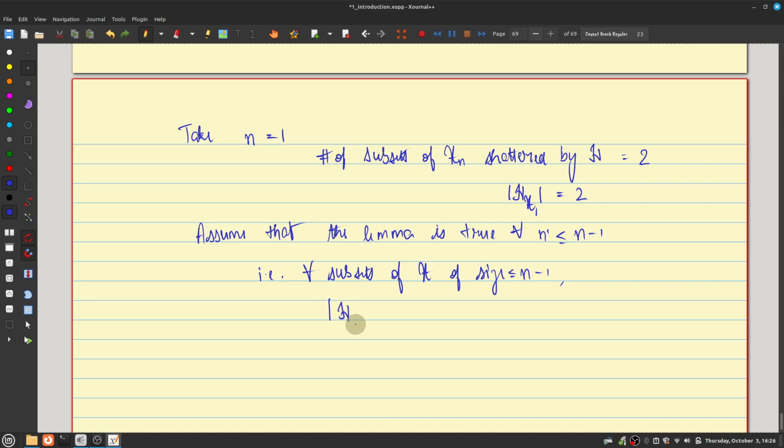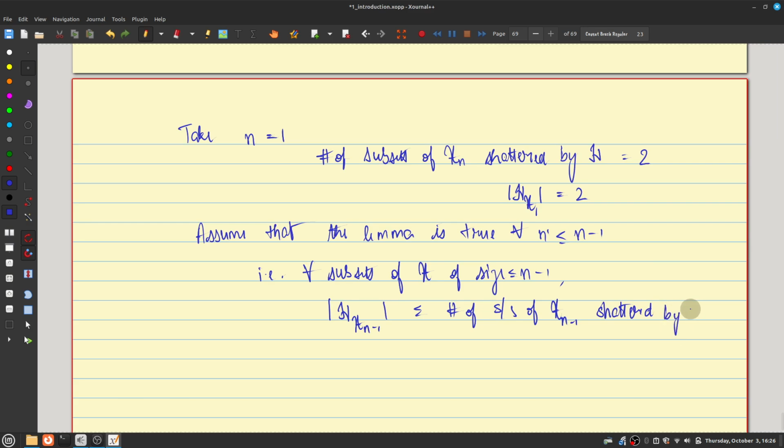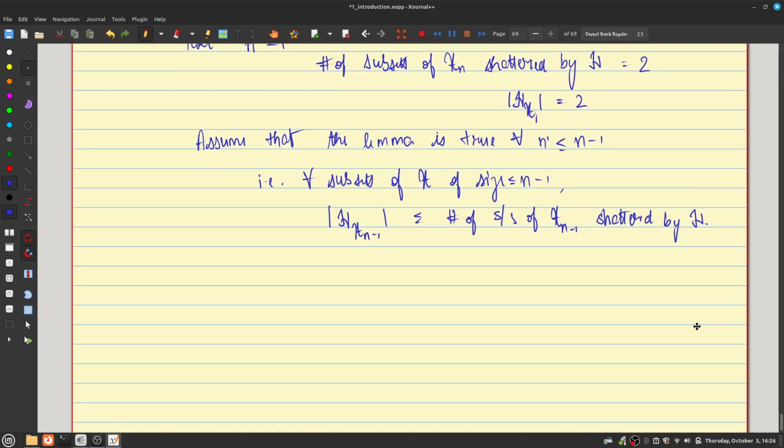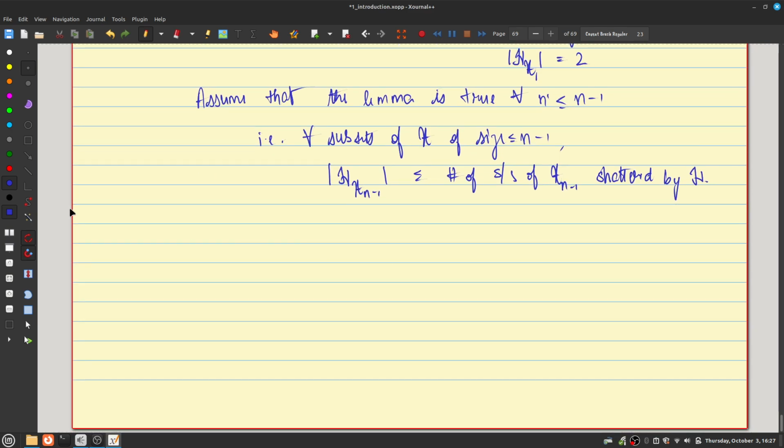So the restriction onto xn minus 1 is less than or equal to the number of subsets of xn minus 1 shattered by h. Okay, great.